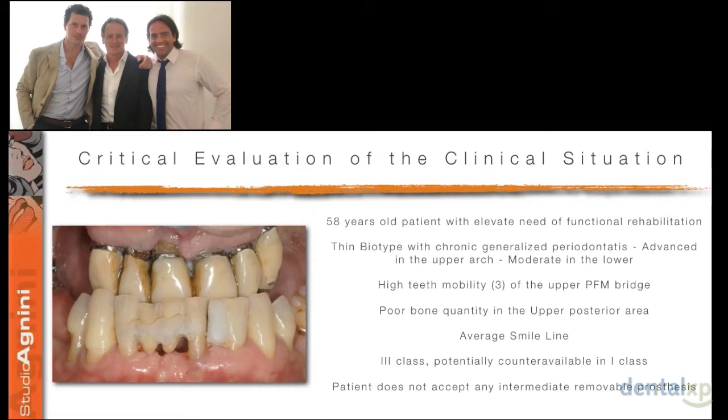For example, the molar on the left side: we evaluate the pros, the advantages, the benefits, and the limitations of keeping this tooth in the mouth, and if it does not make a lot of sense to save it, we can strategically take it out.